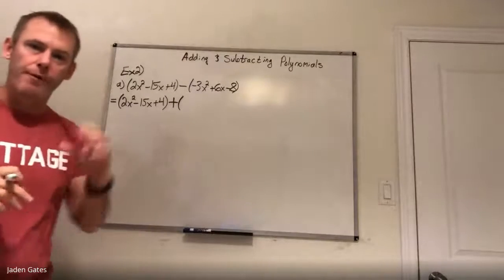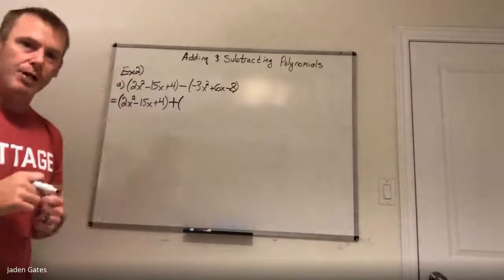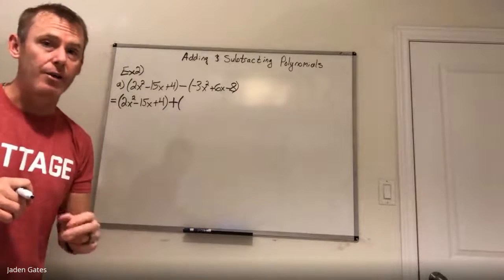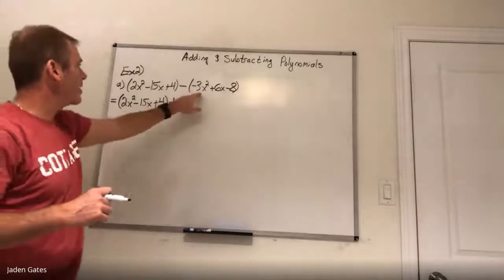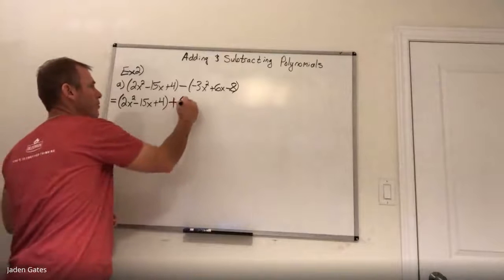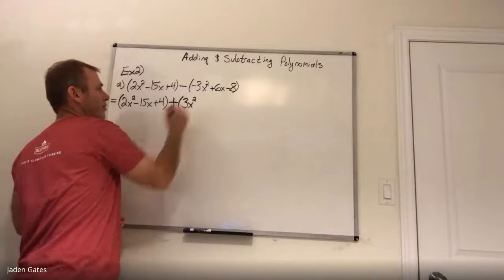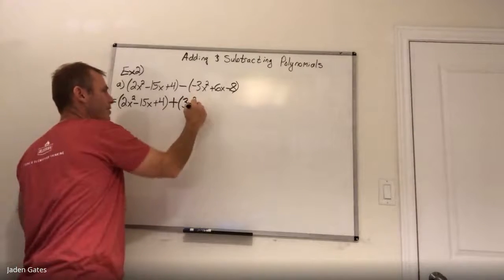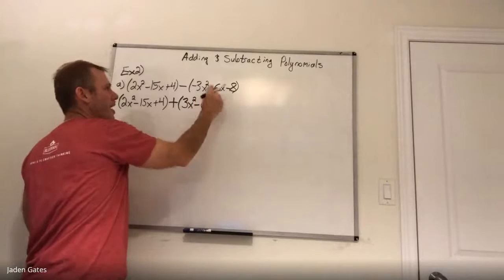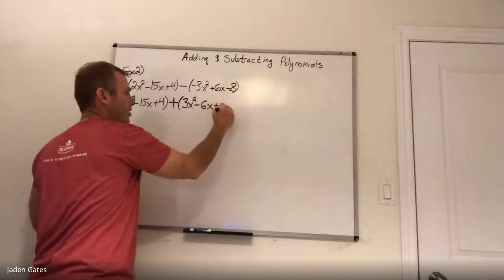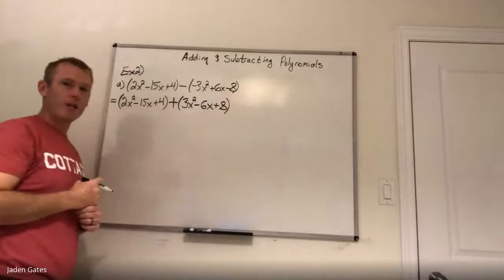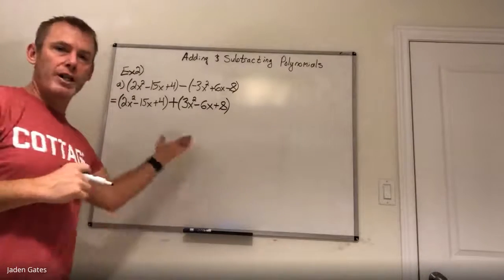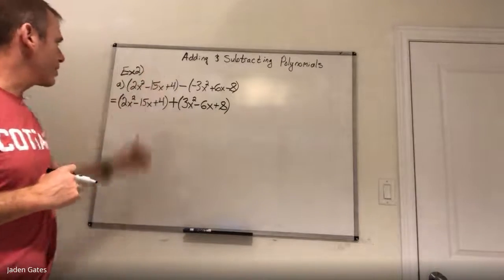And the opposite means flip every sign. So if a sign is positive, flip it to negative. If it's negative, flip it to positive. So this minus 3x squared is now going to become a positive 3x squared. The plus 6x is becoming minus 6x, and the negative 8 is going to become a positive 8. So everything changes signs. And so now all I did was I switched it to an addition question.